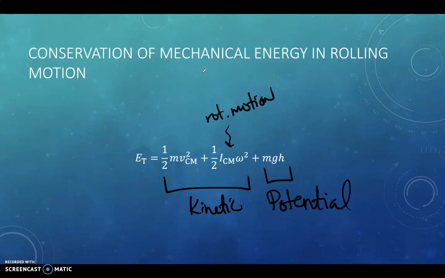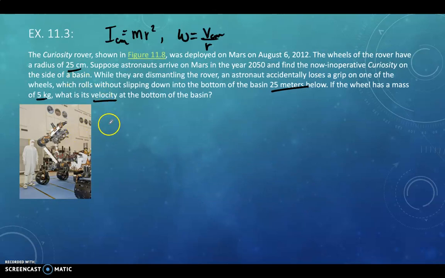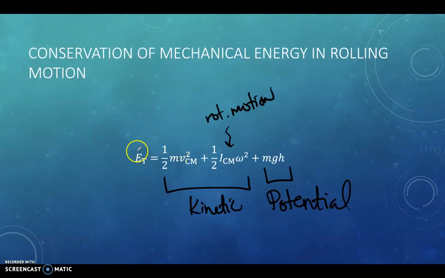we will need to use the idea that we just learned about conservation of mechanical energy in rolling motion. So we should have that the energy at the top of the basin, we'll say T, should equal the energy at the bottom of the basin, B. At the top of the basin, we don't have any motion at first, so we don't have any velocity to start with, and therefore no angular velocity as well.